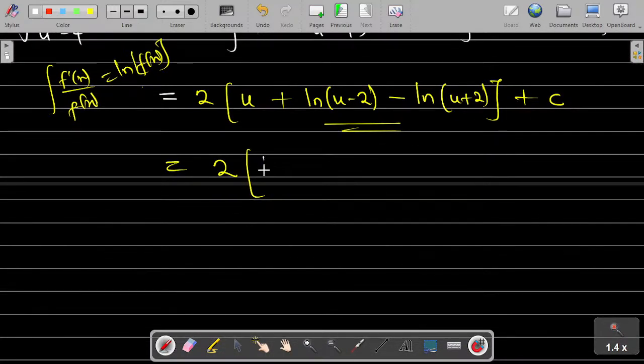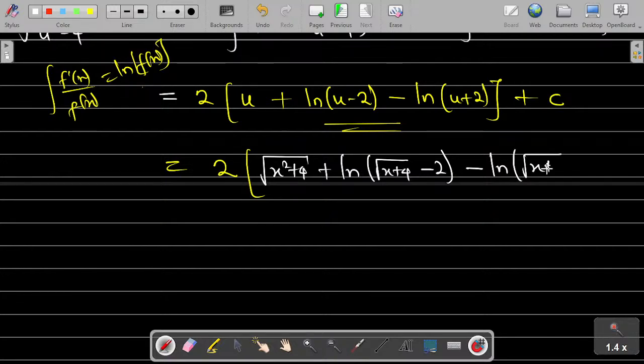So we'll have square root of x plus 4, then plus the natural log of square root of x plus 4 minus 2, then minus the natural log of square root of x plus 4, then plus 2. Okay, so this is what we have.